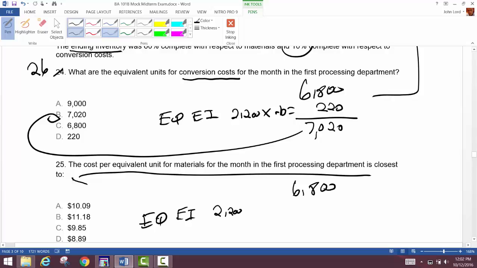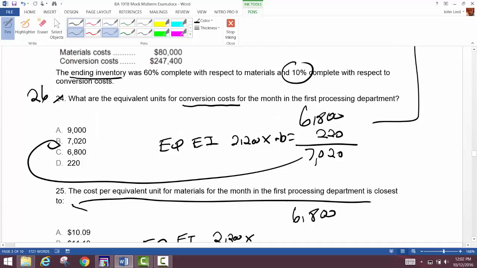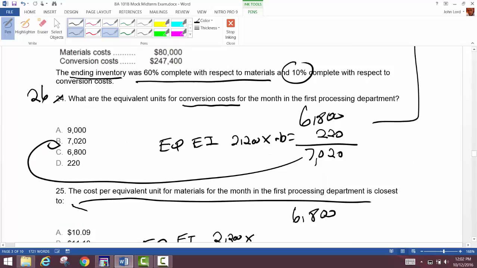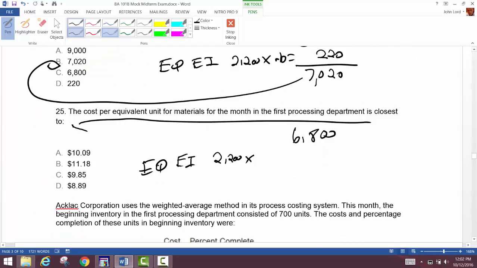But now I have a different percent complete, and for materials they're 60% complete. Okay, so I multiply that by 0.6, and that's going to give me 1,320. And so I add those together, and that gives me 8,120.